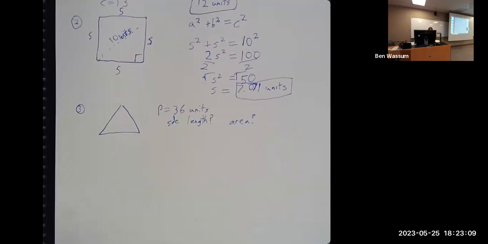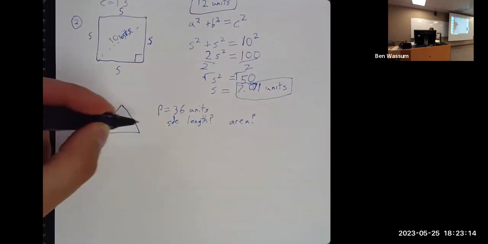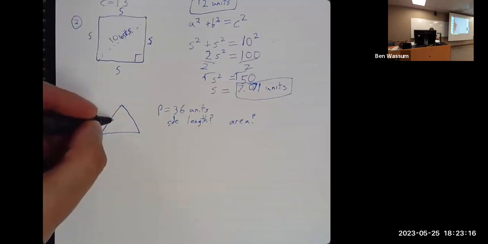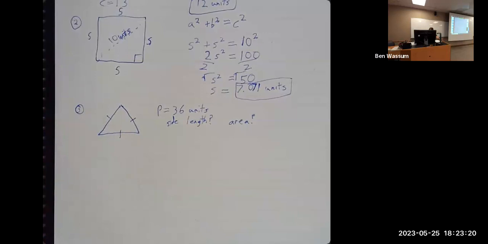Remember, equilateral triangles are the ones where the sides are equal every time. So this is some amount, this is that same amount, and this is that same amount.